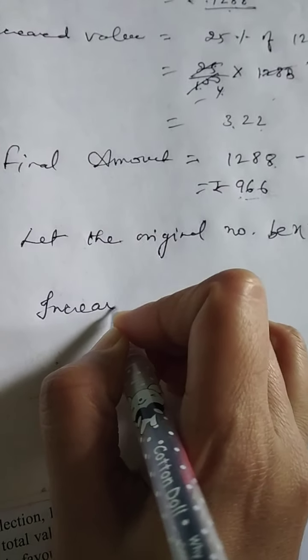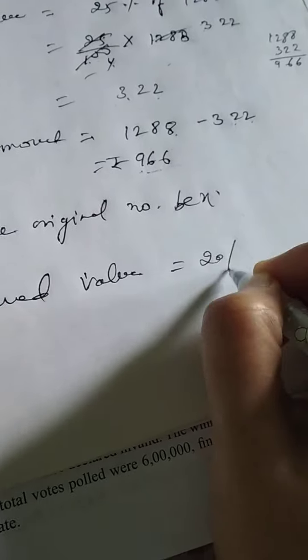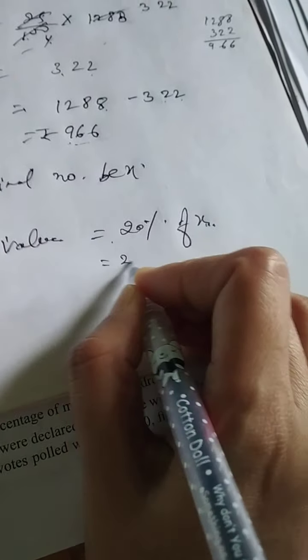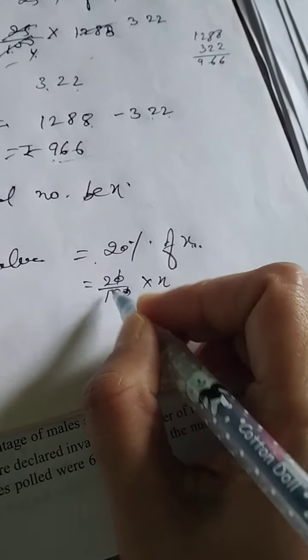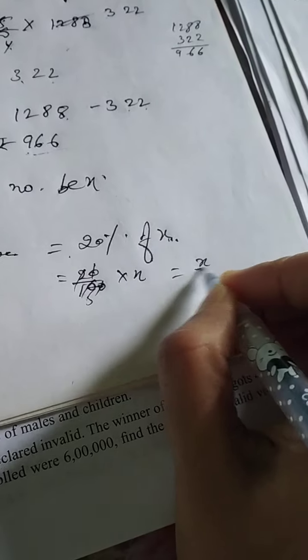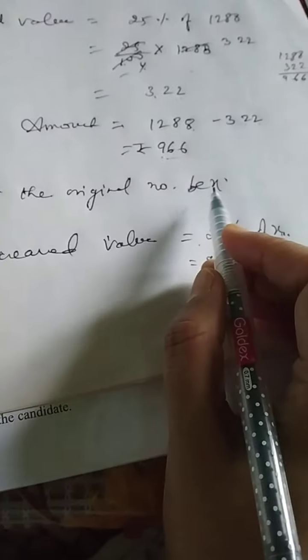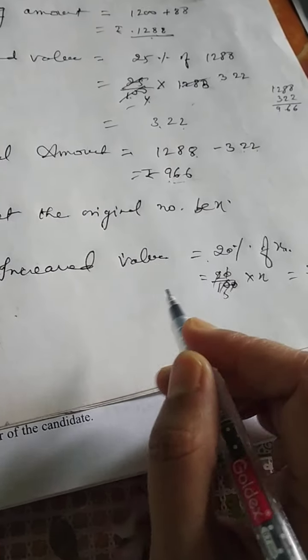So increased value is equal to what? 20% of x. It's only 20% increased, so 20% of x means 20 by 100 into x. 2 5s are 10. So x by 5 is the value increased, and original was this. And after increasing, the value became 1500.